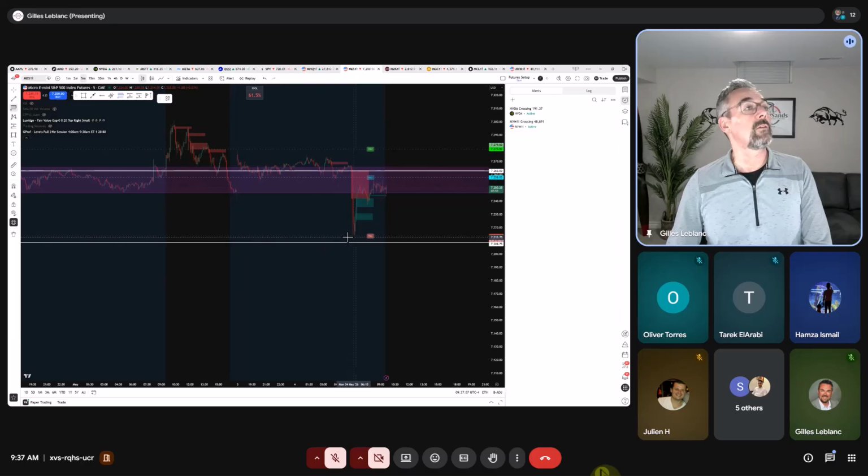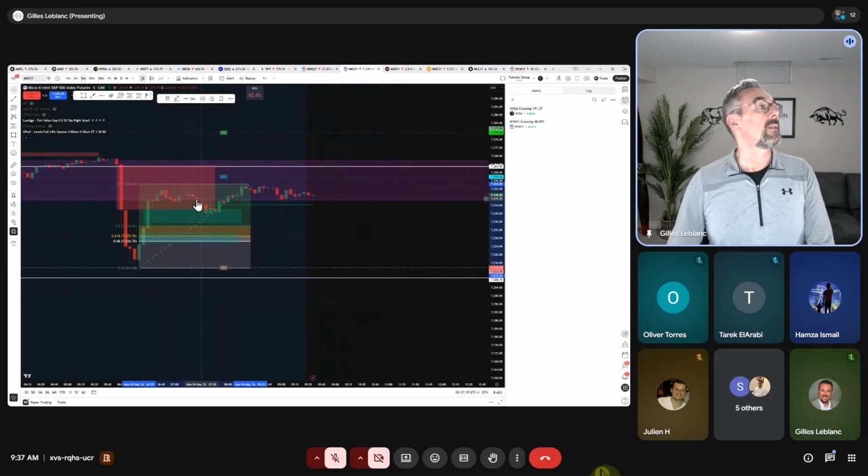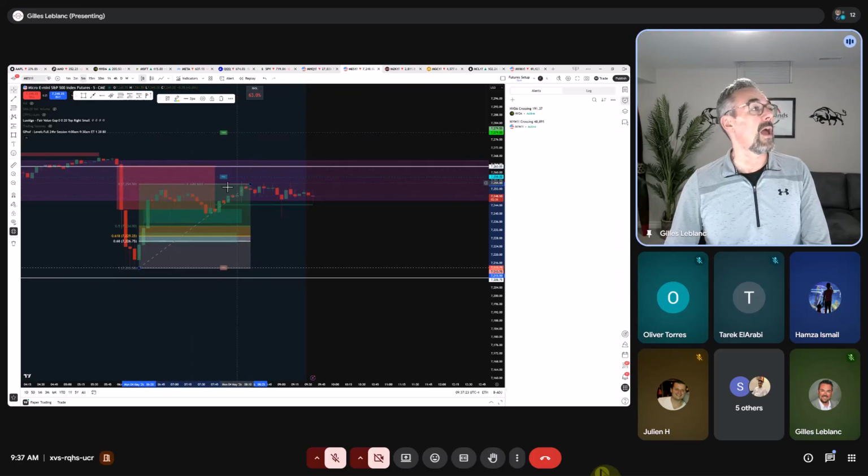Just for the fun of it, from the impulse move up, if we go up to the high here, it did not come down and touch the 50. Let's zoom in here, right? It came back down, right? If this was my high, I know we've gone higher after, but if we were looking at the market right over here, the impulse move started at the bottom here and then reversed, did not give an entry at the 50.